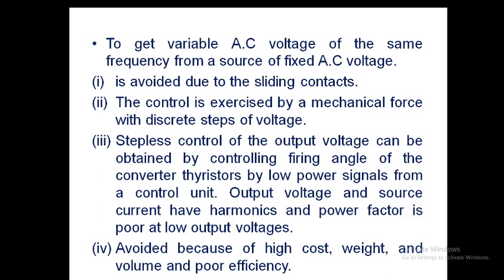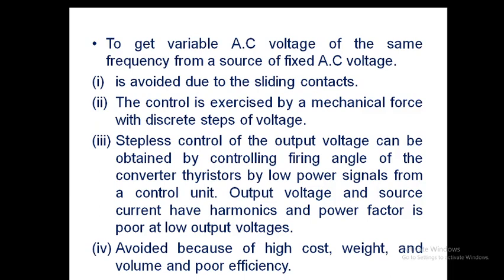The output voltage and source current have harmonics and the power factor is poor at low output voltage because we are controlling the input voltage. You get the AC output voltage by allowing the input voltage through switch control.